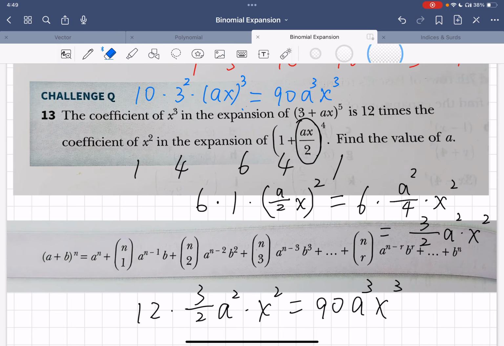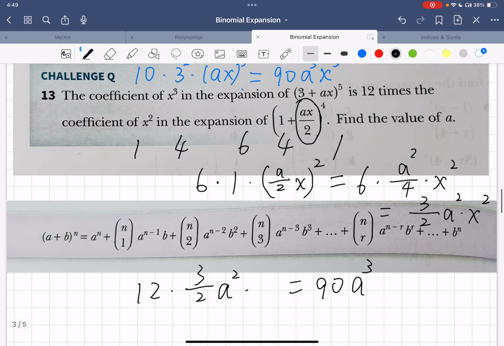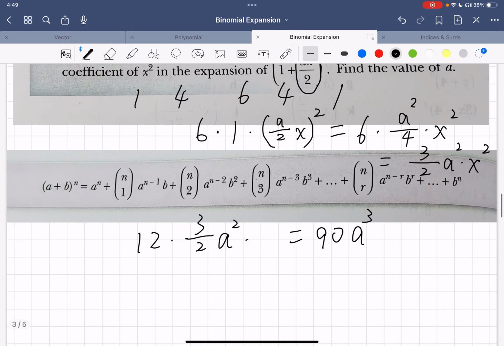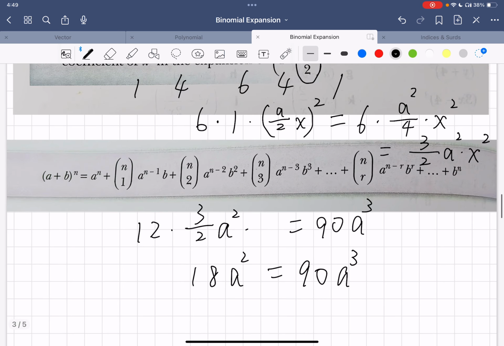Okay, so now remove the x because we only want coefficients here. Let's calculate. 18 a squared equals 90 a to the power of 3.